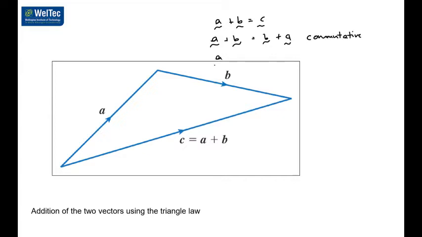And (A plus B) plus C is going to be exactly the same as A plus (B plus C). That's the associative rule, so the associative rule works for vector addition. Also, if we have a scalar, something like lambda, then it's distributive as well.